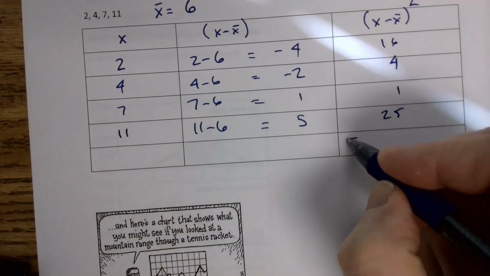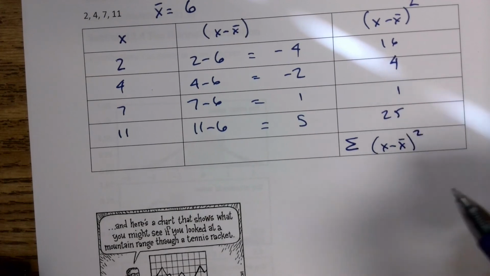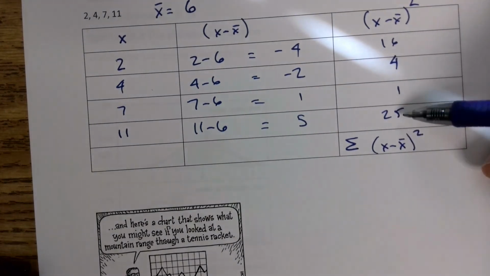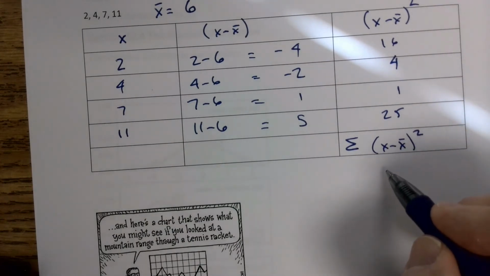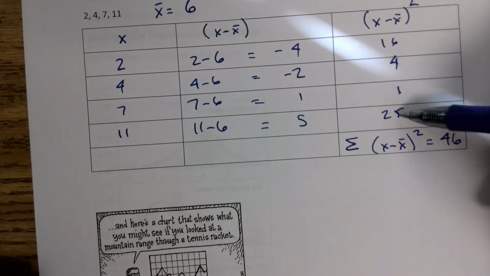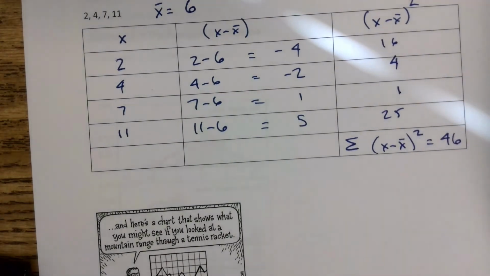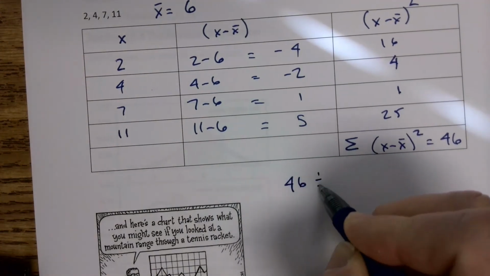We're going to add up all those, and that's 21 plus 25, 46.